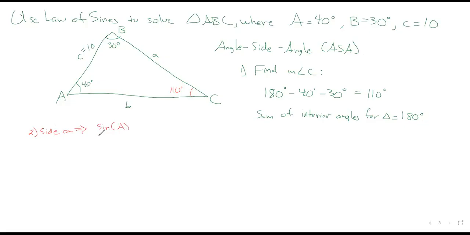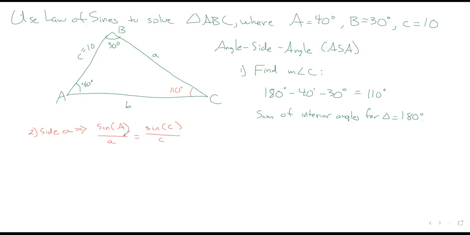The sine of angle A over side A is going to be equal to the sine of angle C over side C. And I want to use this particular proportion because this information is mostly known and we don't have any decimal approximations involved here or anything like that. So everything is nice, neat and clean, if you will. No approximation in getting the angle C working for us, and there's no decimal approximation inside C.